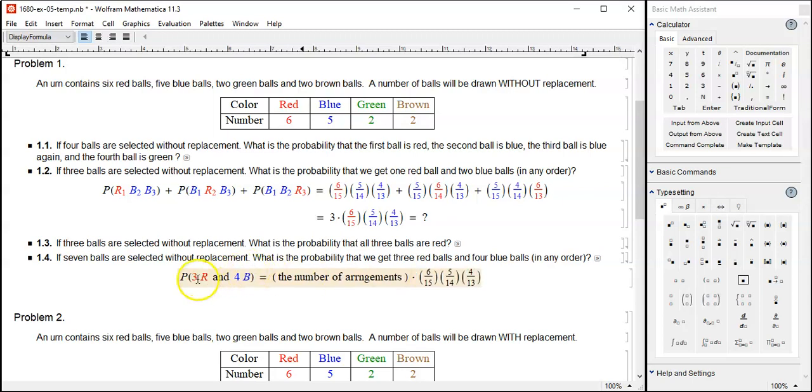That covered 3 red, and then 5 out of 12, and then 4 out of 11, 3 out of 10, and finally 2 out of 9. Did I cover 3 red and 4 blue?